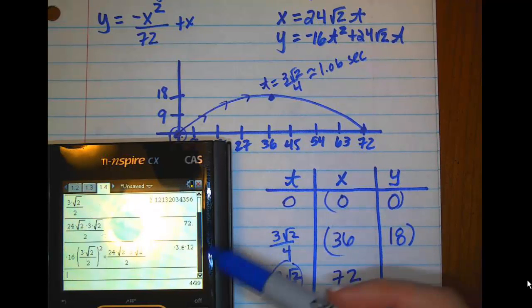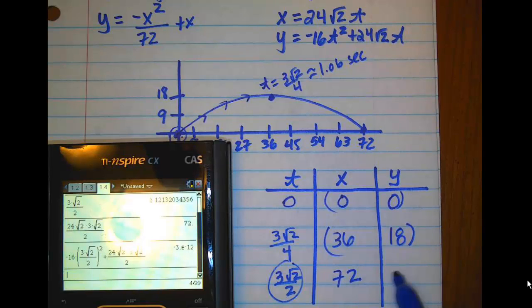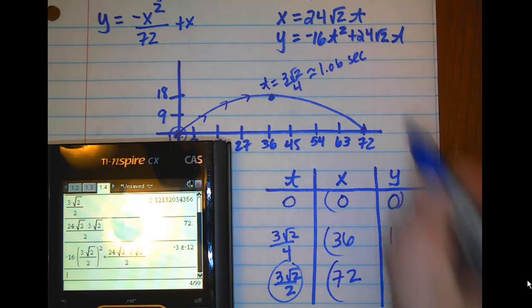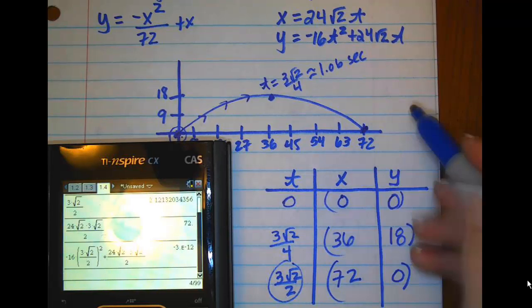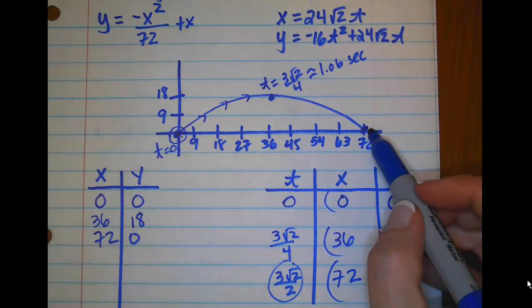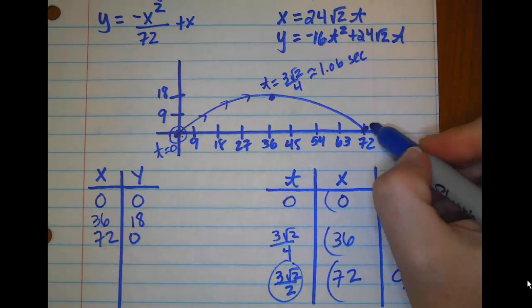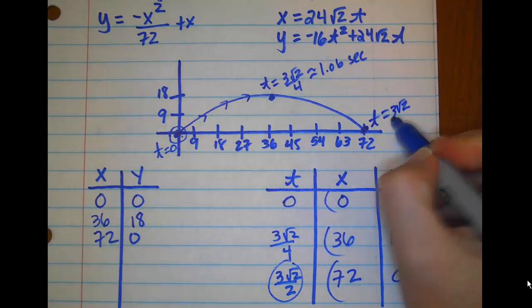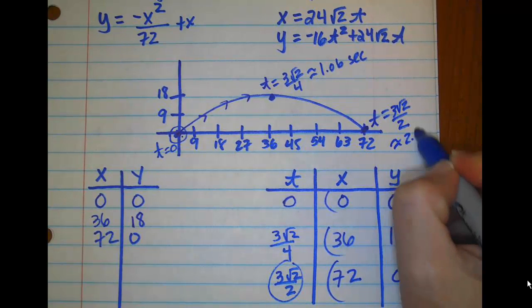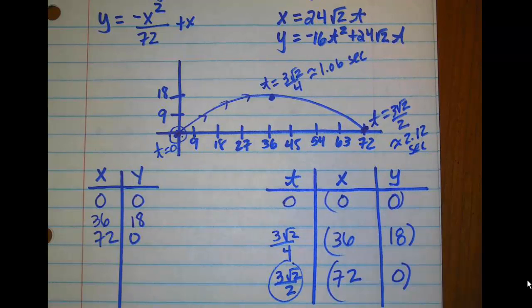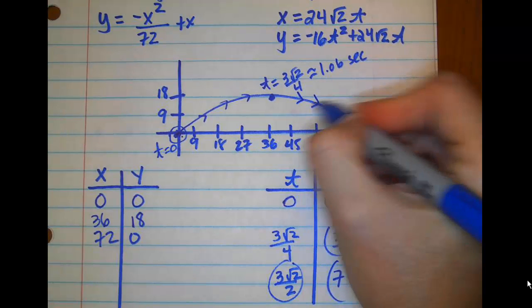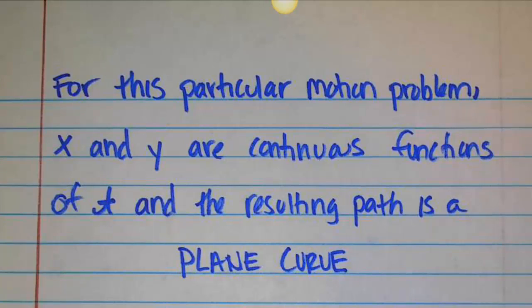And this is the calculator's way of saying 0. Sometimes, as we've had in class, it's just a calculation that couldn't quite get to 0. So notice at (72, 0), I have the same coordinate as I did from the rectangular coordinates, but now I know that this is occurring at 3 root 2 over 2 seconds, which is approximately 2.12 seconds. Again, it also gives me direction.